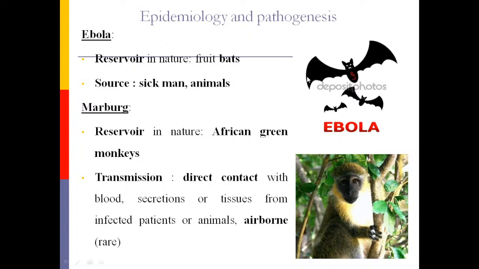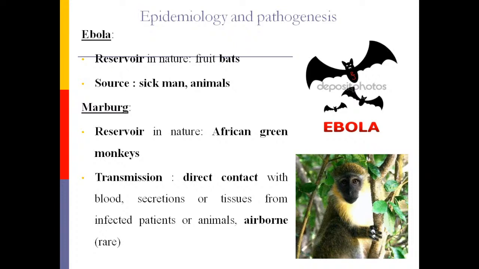Fruit bats leave their excretions, especially saliva or feces, in caves, for example, and especially people, tourists who like to visit unusual places like wild caves and other places where fruit bats may live, are infected in most cases.